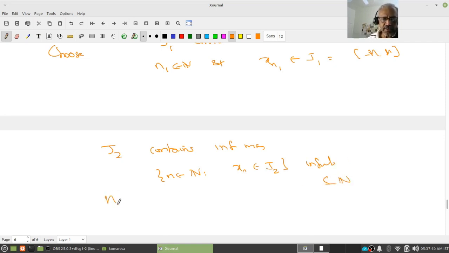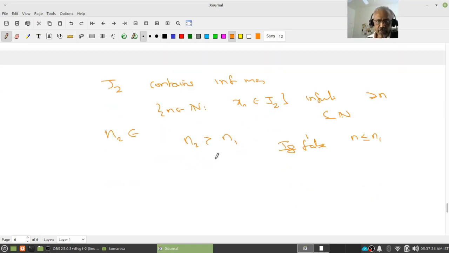Therefore there is an n2 here, so that n2 is strictly greater than n1 because the set is infinite. If it is not true, then for each n here, n will be less than or equal to n1. Try to learn to think.